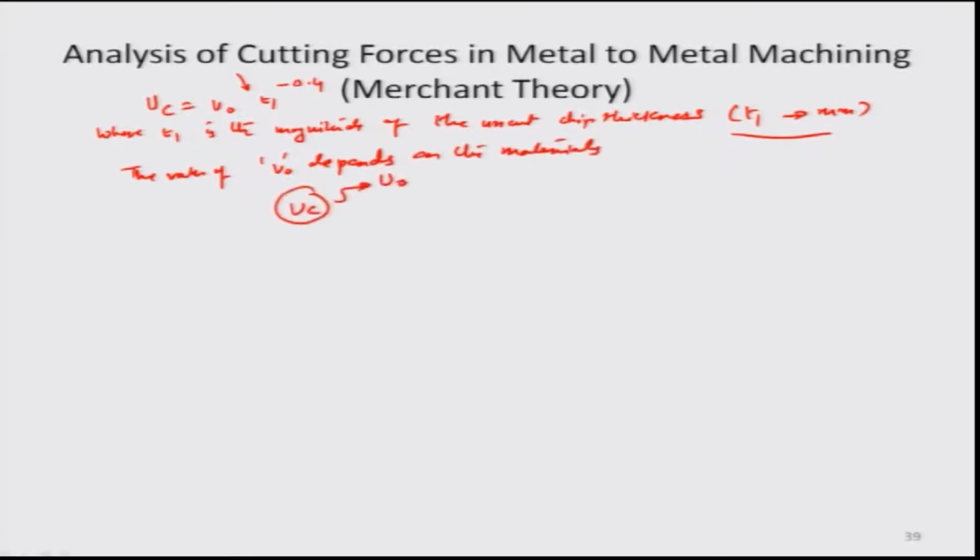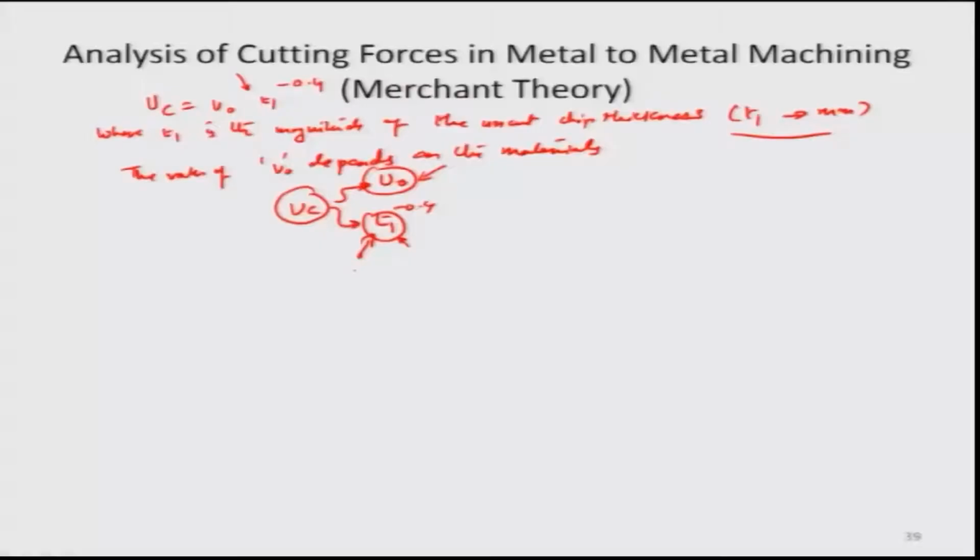One is a material related property and another which is related to the thickness of the cut that you are exercising. So, at one particular round of cutting, how much depth you are giving in terms of uncut chip thickness is also critical to determination of the rate of consumption of energy which would be needed to remove that material. So, therefore, we are trying to split it up into a material property U0 and thickness T1 to the power of minus 0.4.